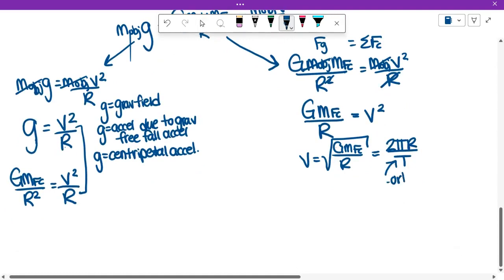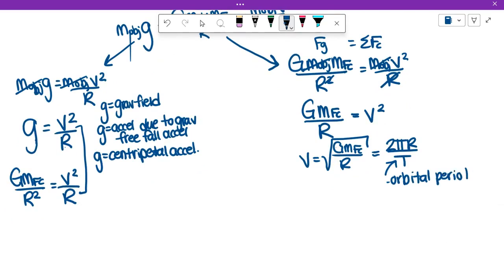And this is sometimes called the orbital period, which is just the time to complete one rotation in seconds. Okay. So this answer, this T, should be in seconds, and that's our orbital period. So look, our orbital period should only depend on the mass of whatever is in the center of our circle and how far we are from that, right?